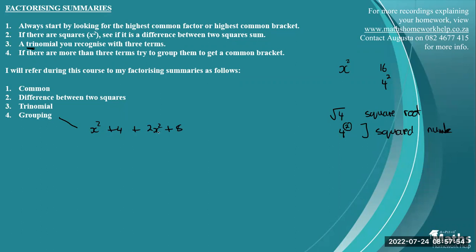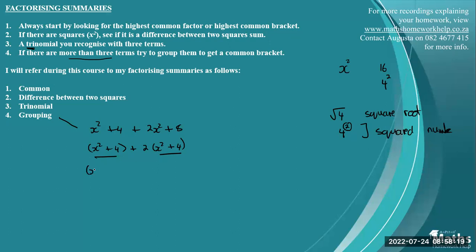So if you see more than 3 terms, but the question says that you must factorize, you try and group 2 and 2 together. So I can take out a 2 there, and then I will be able to have a common bracket. So that you recognize, as I said, if you see more than 3 terms.